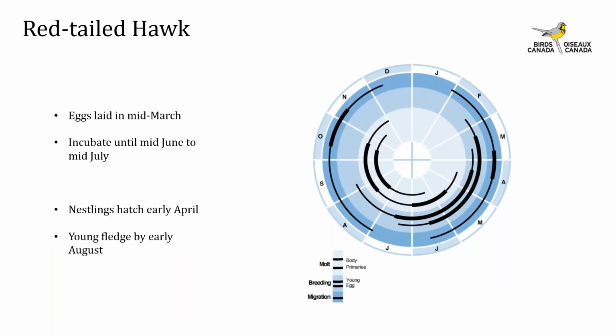In Ontario, nest building can begin as early as late February to early March. The eggs are typically laid in mid-March and will continue to incubate until mid-June to mid-July. The nestlings will hatch as early as April, and all young will have fledged by early August.